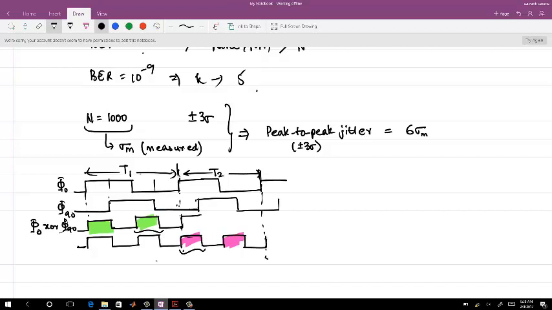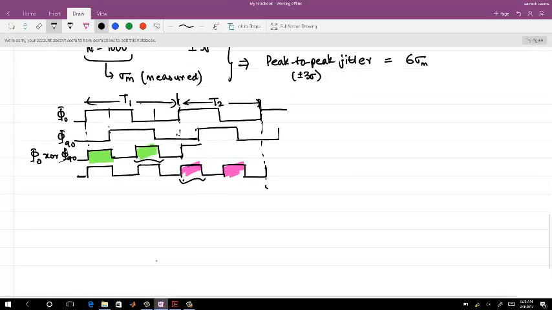If both the clock edges move, phi 0 is always related to phi 90 by a quadrature of the cycle, and for me that is important. This is very application dependent. Right now I have a phi 90, and I can change it with a certain delay element, so I can finally get a pulse width modulated waveform.